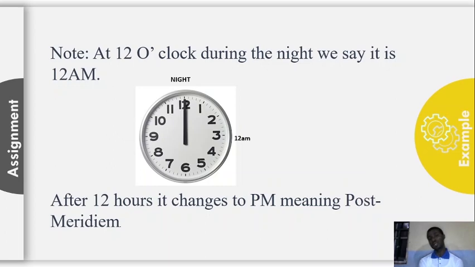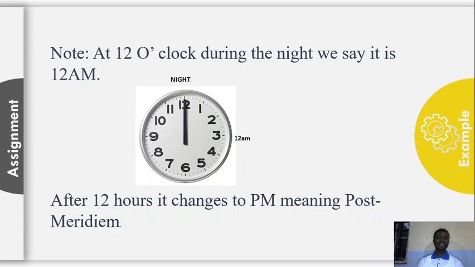Are you seeing your wall clock? Good. When you look at the wall clock, it has the shorter arm and the longer arm. Some of your clocks have 3 arms: the second arm, the minute arm, and what? The hour arm. Very good.